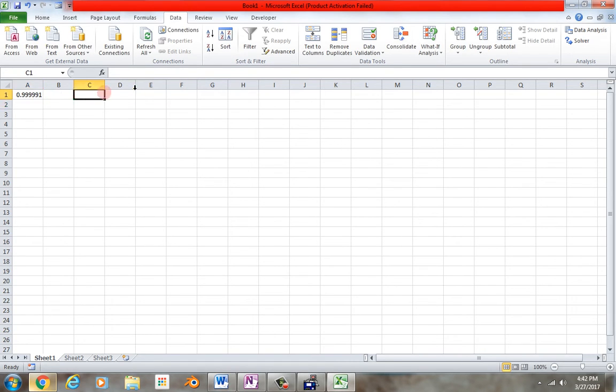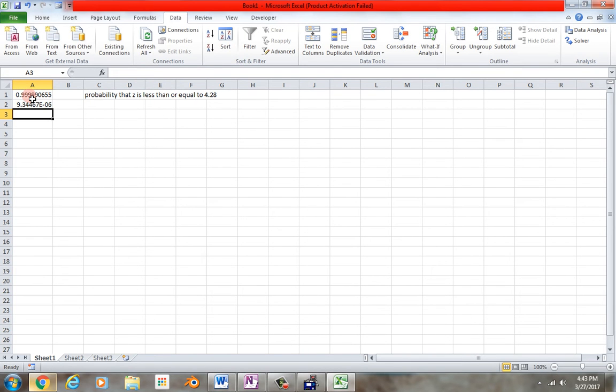What you will see is the probability that z is less than or equal to 4.28. Well, that's not what I want. I want above that. So, equals 1 minus that. That's the complement. And there's our value, 0.00009, right?